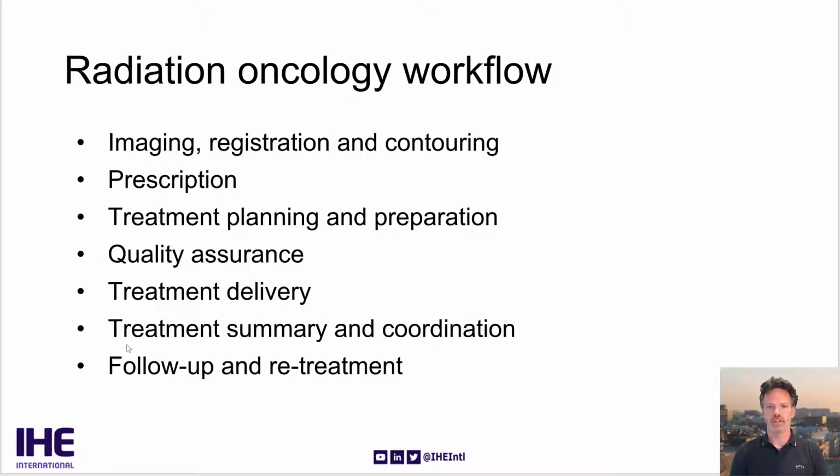So there's imaging, and there's registration of imaging, and there's contouring of the target region and also of organs at risk. There's the definition of prescription, and there's treatment planning and preparation for treatment. Quality assurance, the delivery of the actual treatment, and treatment summary in coordination with other hospital resources, and follow-up and potentially retreatment.